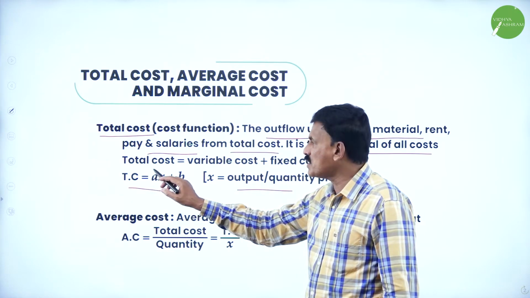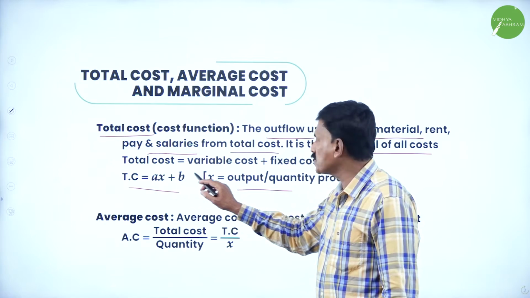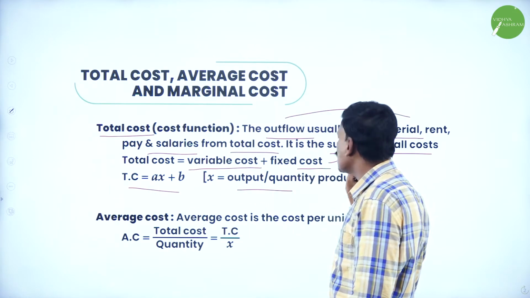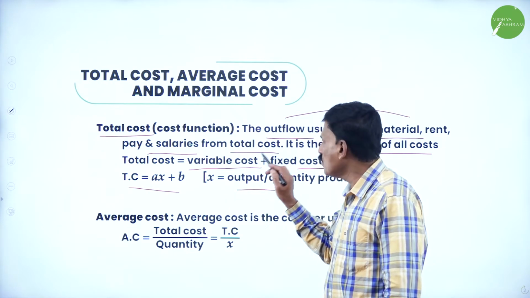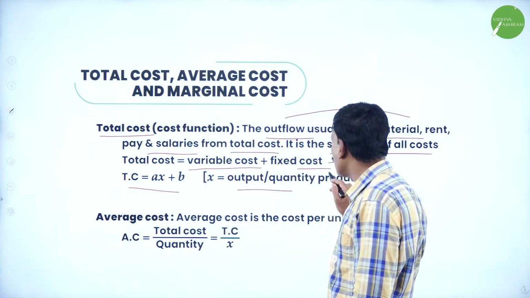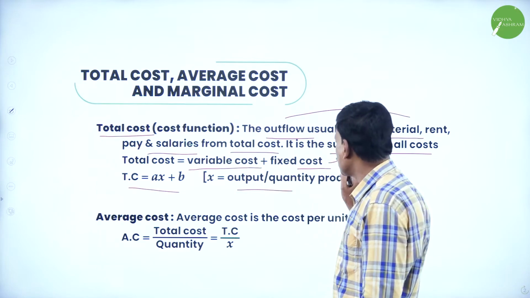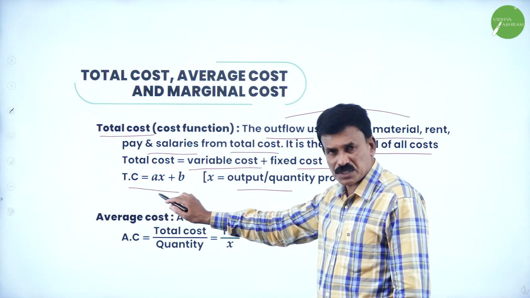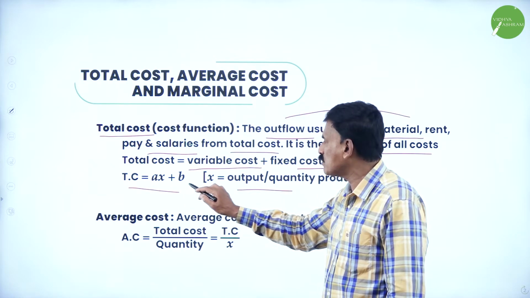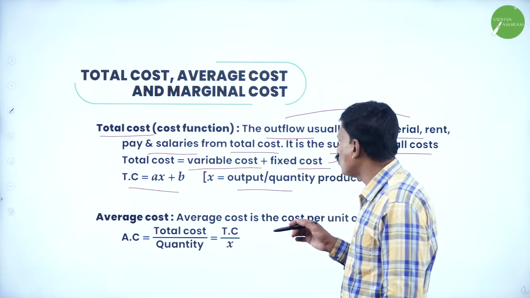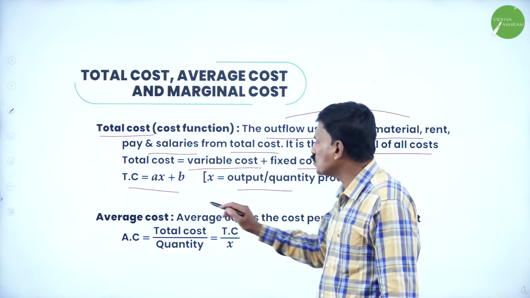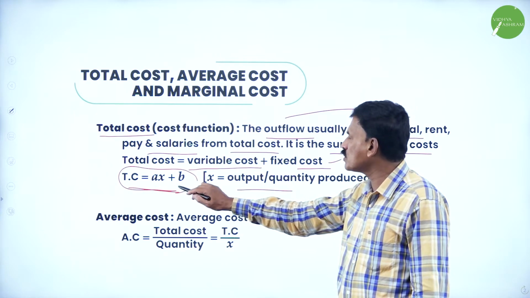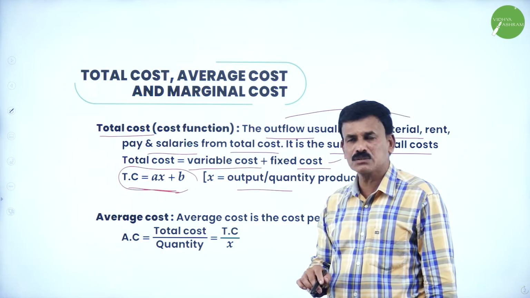Therefore the total cost is equal to variable cost plus fixed cost, that is, the cost of variable quantities plus fixed quantities, and it is represented mathematically as ax plus b, where x is the output or the quantity produced. So the total cost TC is equal to variable cost plus the fixed cost, that is ax plus b.